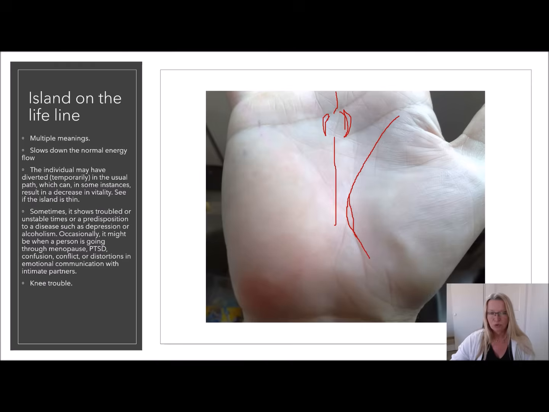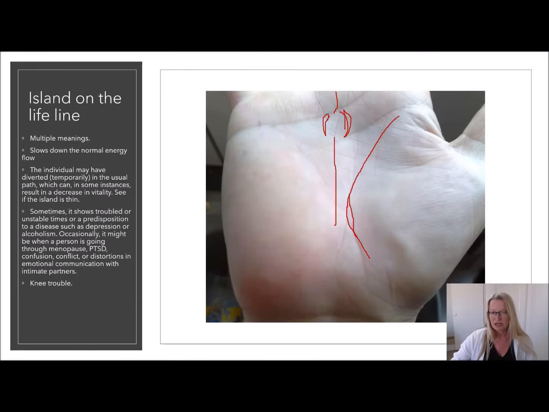Some people say this island represents someone who has a predisposition to a mental disease such as depression or alcoholism. It may be someone going through hormonal changes like menopause.